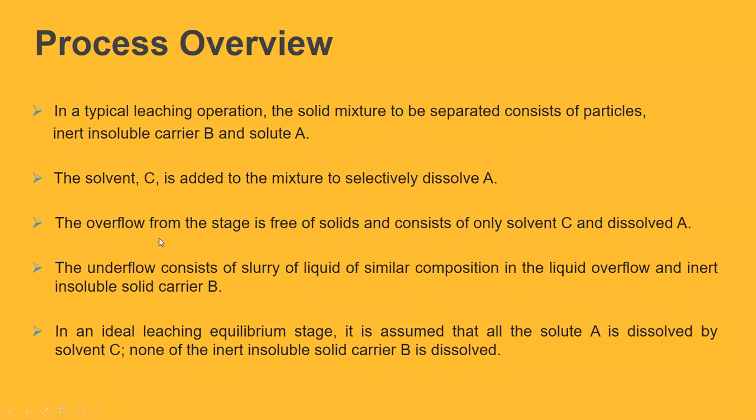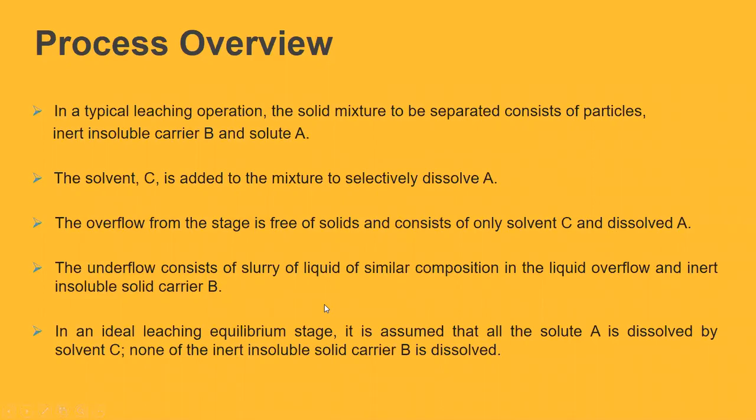Now, the overflow from stage to stage is free of solids and consists only of the solvent C and the dissolved solute A. Now, in leaching, comparable to extraction, in extraction we have the terms extract and raffinate. The extract is removed on top, the raffinate is removed at the bottom of your extraction equipment.